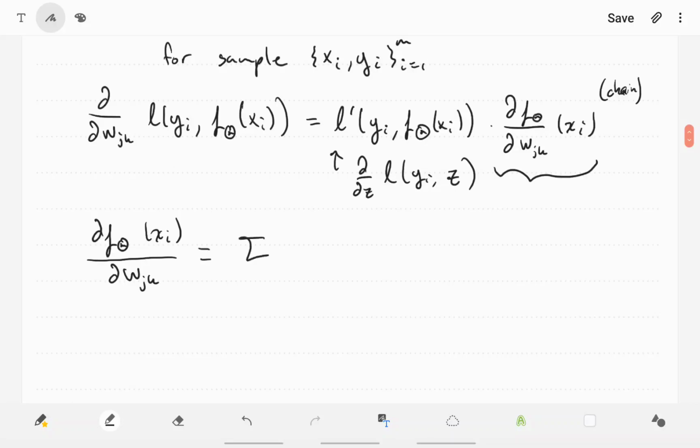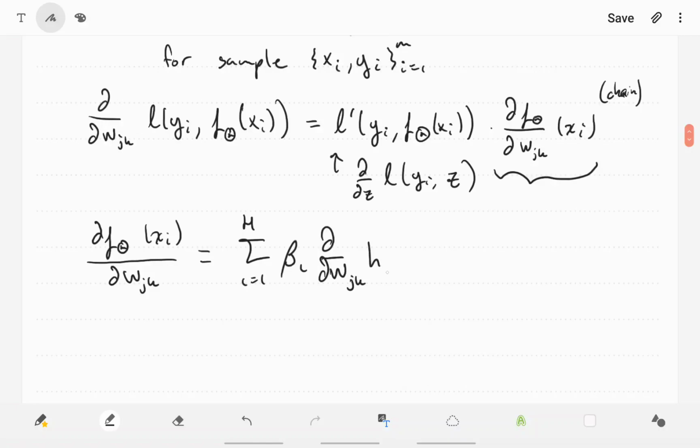This is equal to the sum over l going from 1 to capital H of beta sub iota, and then the gradient with respect to wjk of this hidden unit, which I'm going to write as h sub iota of xi.